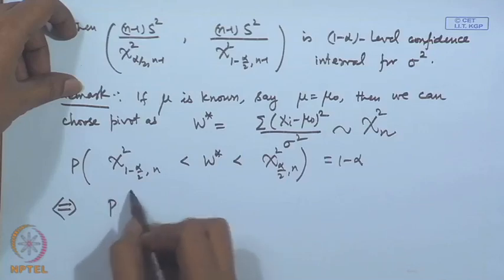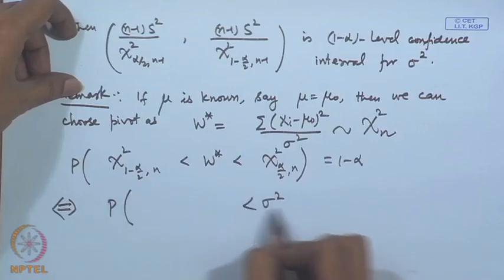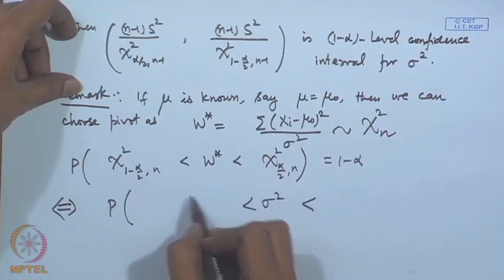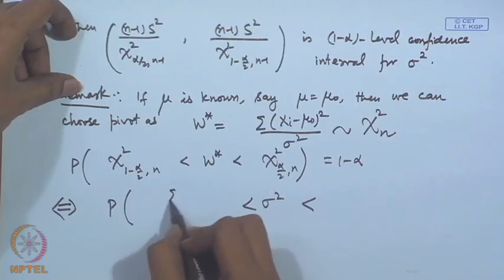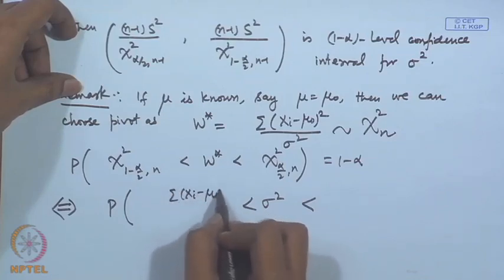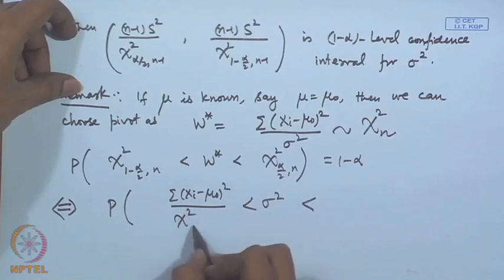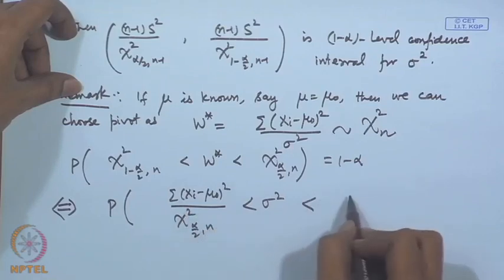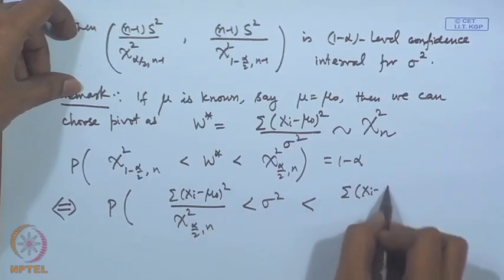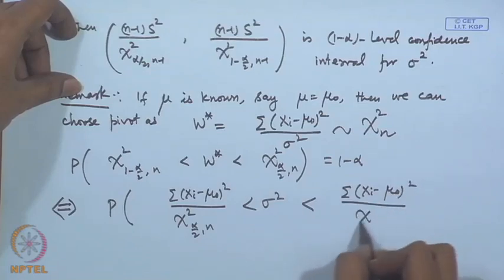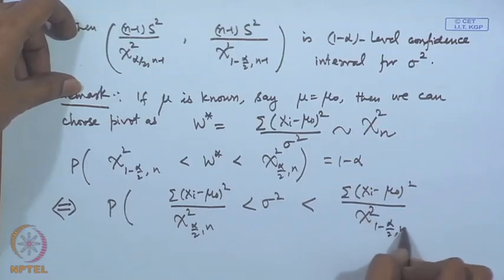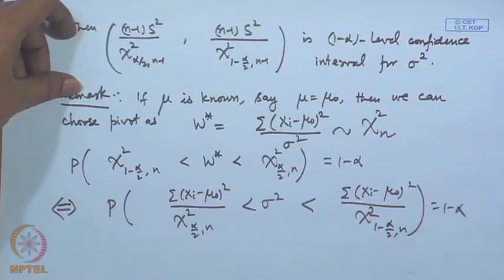then this is equivalent to saying probability of sigma (Xi minus mu naught) square by chi square alpha by 2, n, to sigma (Xi minus mu naught) square by chi square 1 minus alpha by 2, n, that will be equal to 1 minus alpha.